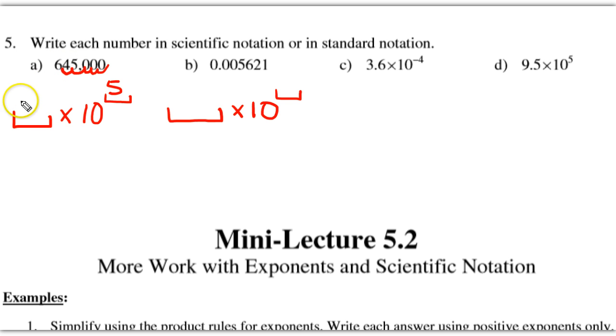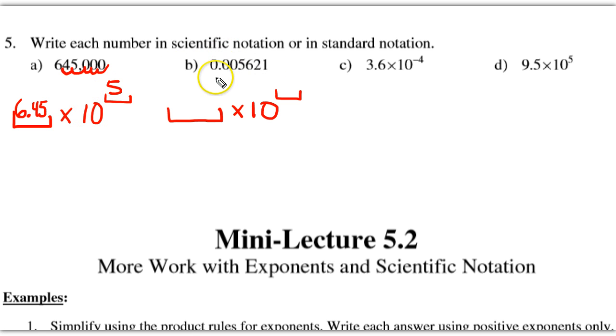And our number will be 6.45. We want to make it a number between 1 and 10. We move the decimal place over. If you can remember, moving the decimal place to the left, that is, it's a big number, it's positive exponents of 10.